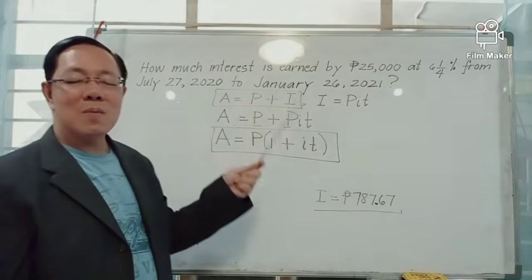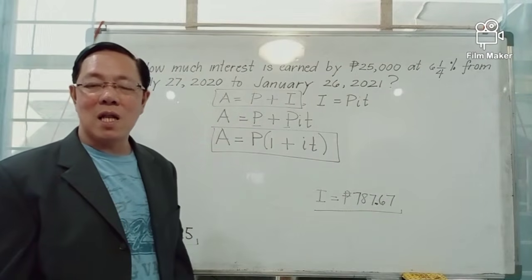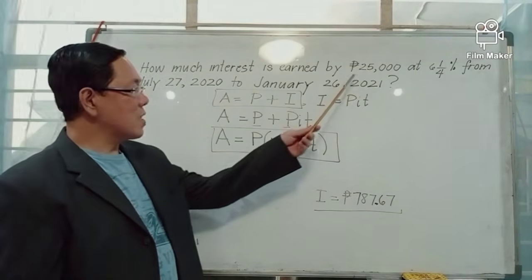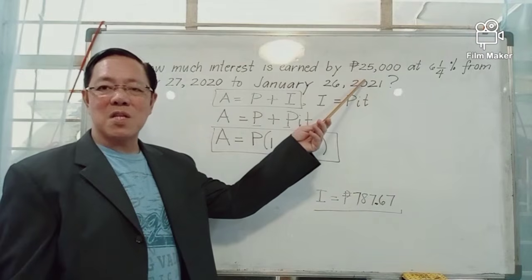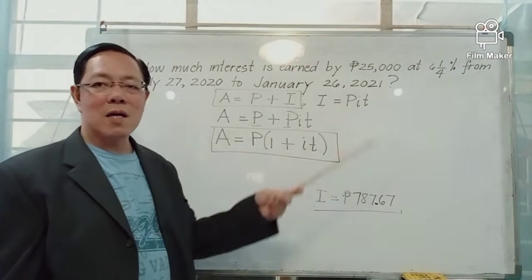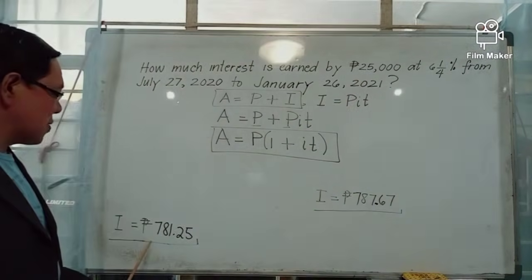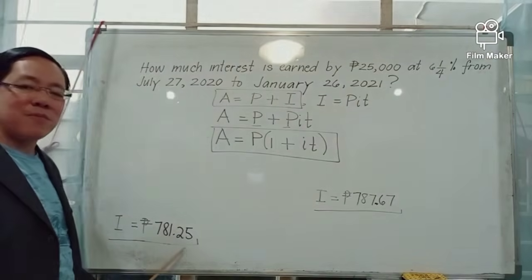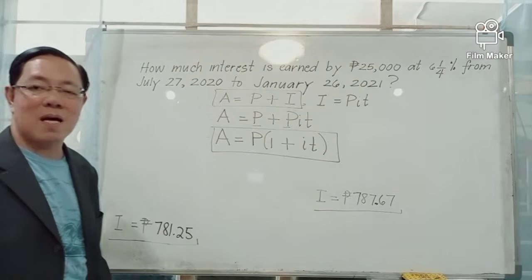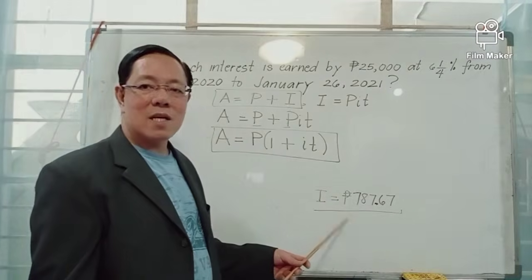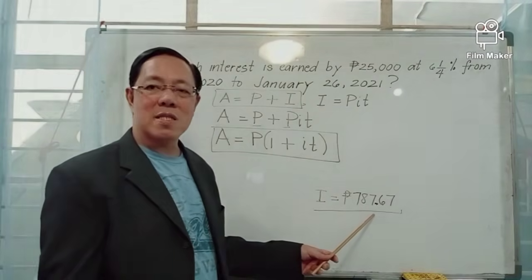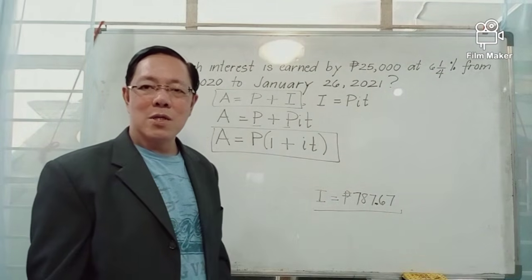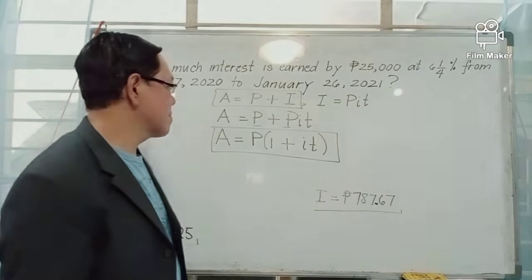For this problem, we compute the total amount to be paid. If 25,000 pesos is the original amount borrowed that earned an interest of 781.25 pesos using approximate time, or an interest of 787.67 pesos using exact time.